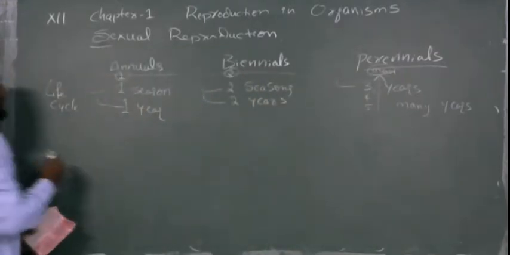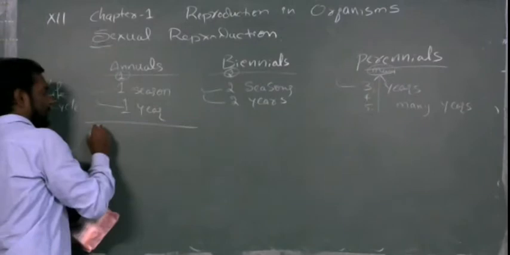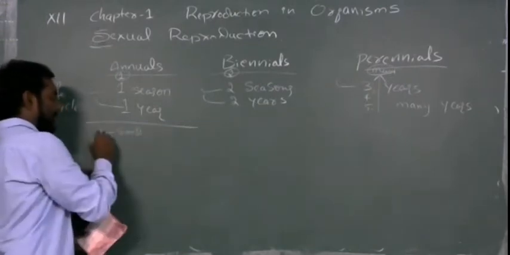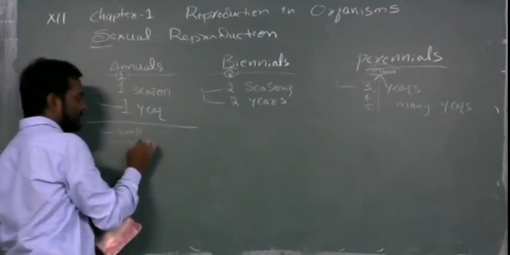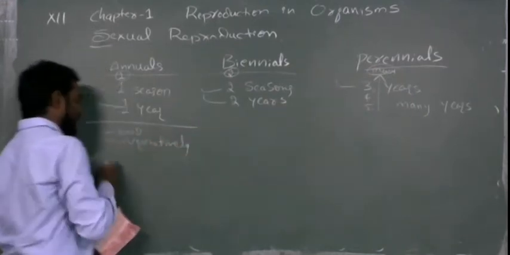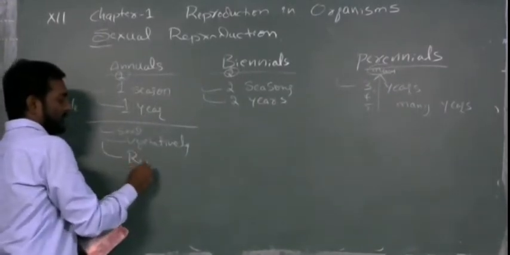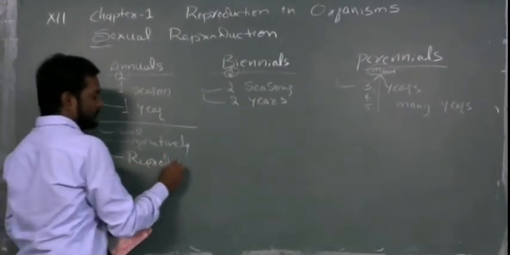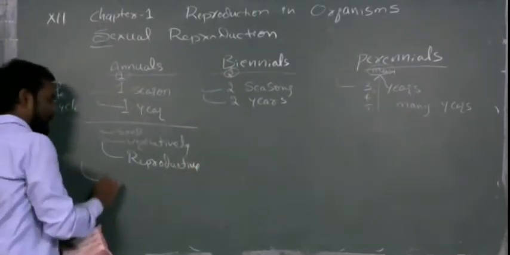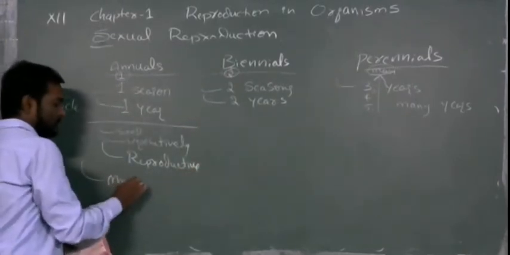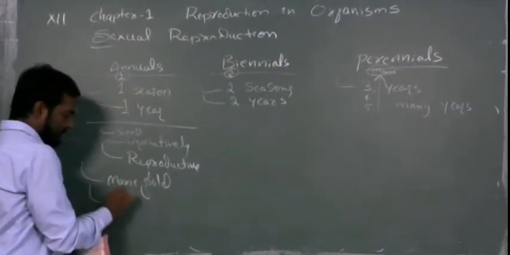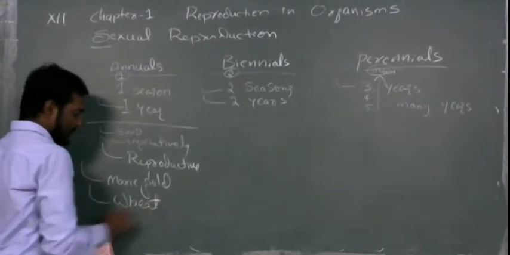These annuals, within the same season, once the seed is sown, they will start growing vegetatively, and they also reach the reproductive stage, and they will die. Examples are marigold, wheat, and rice.